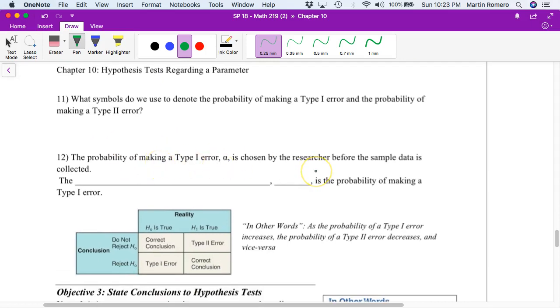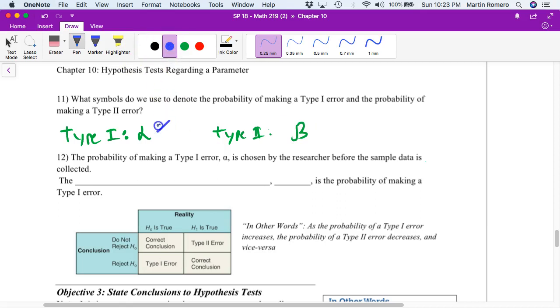Those are errors we're going to be looking out for when we conduct our hypothesis tests. There are some symbols we use to denote these types of things. What symbols do we use to denote the probability of making a type 1 error and the probability of making a type 2 error? For type 1 error, the symbol is alpha. It's the alpha value. And for type 2 error, the symbol is going to be beta.